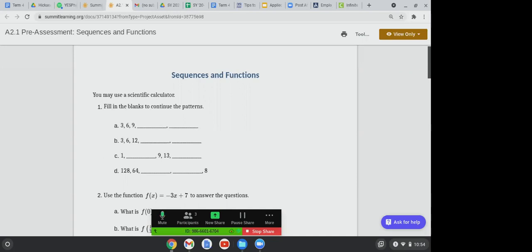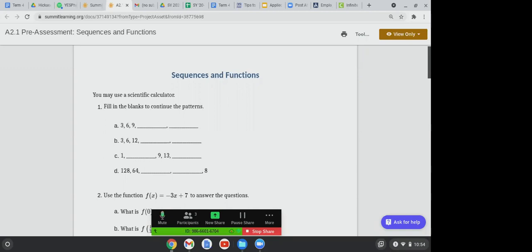So in the first one, fill in the blanks to continue the patterns. 3, 6, 9. Do you remember, either one of you, what you put next? Okay. All right, so number 1 is what we are going to be studying first.